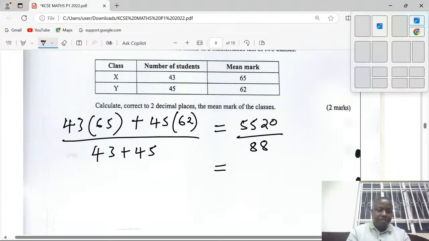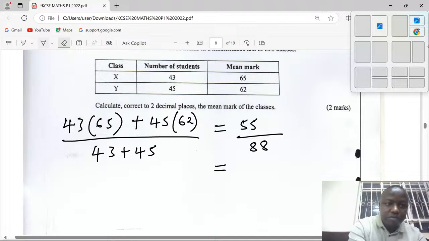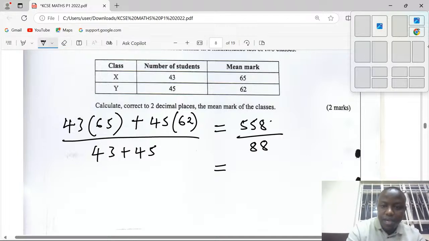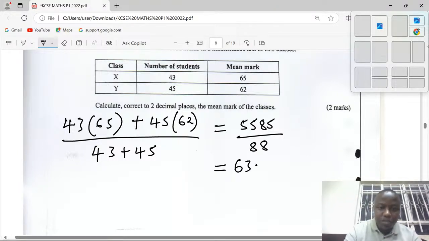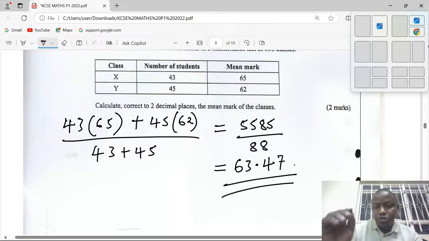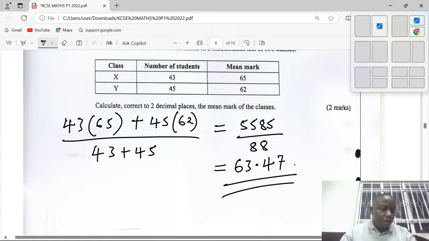That will be 5585. Then I divide this now by 88 students. Yeah, I'm getting 63.47. Remember, it's supposed to be to 2 decimal places.